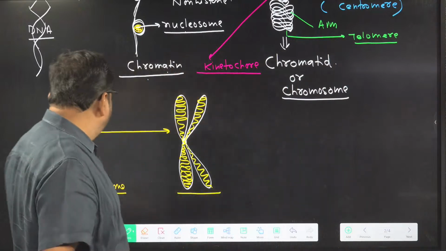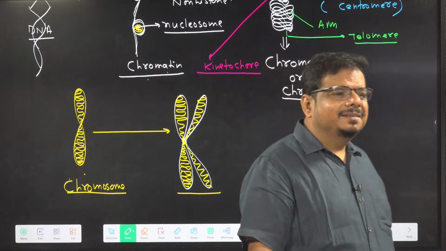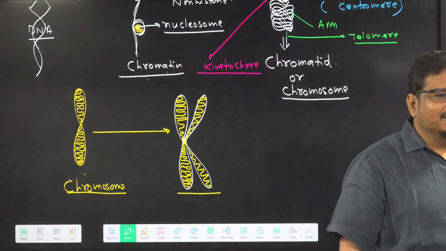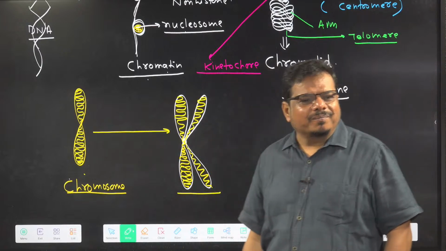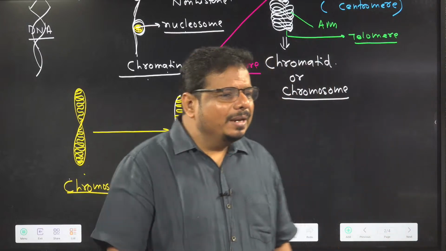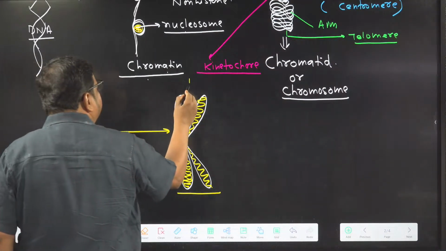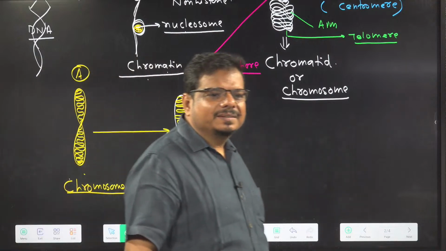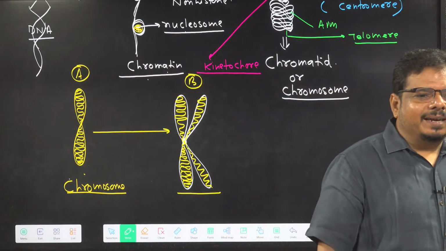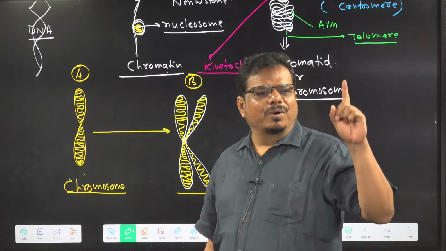If it is one chromosome, is it two chromosomes? How many chromosomes is this? I am writing A and I am writing here B diagram. In A diagram, how many chromosomes are there? One is there.